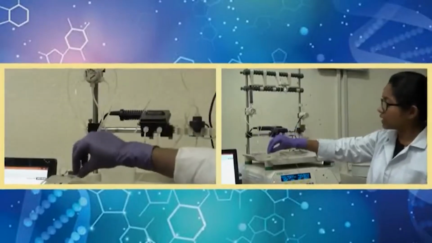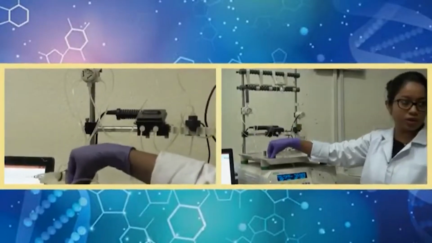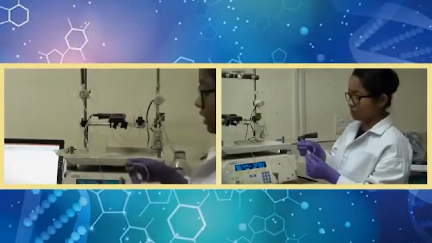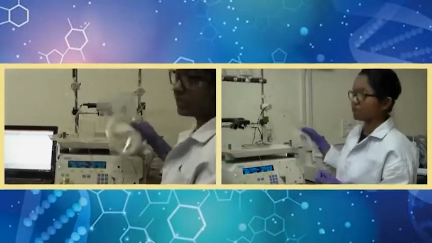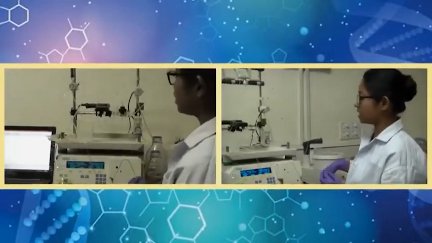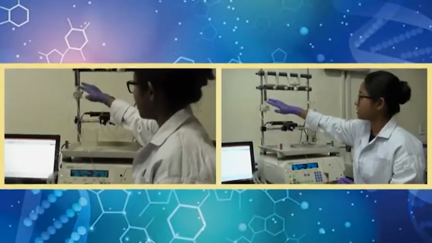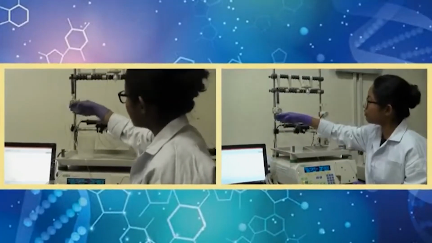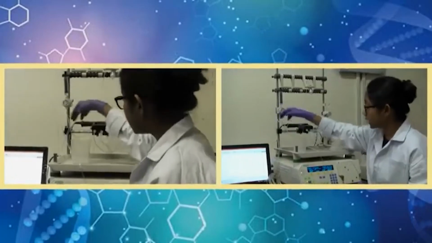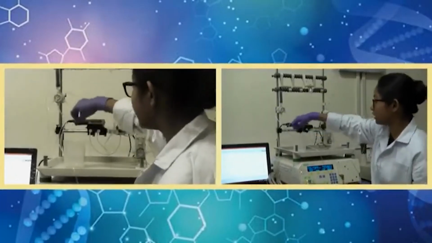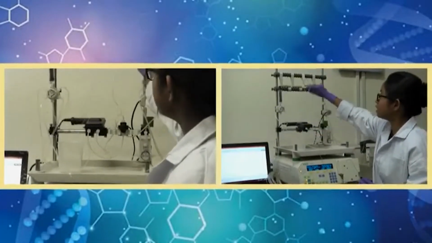Here I have attached a 10 ml tube, but you can also attach 2 ml or more than that. Based on your need, you have to attach the sample tube. After you inject your sample in that tube, you flow the buffer through this, and this buffer will direct your sample into this column.